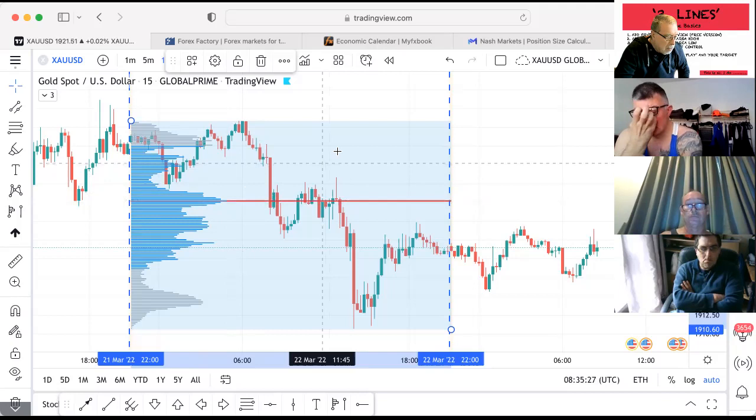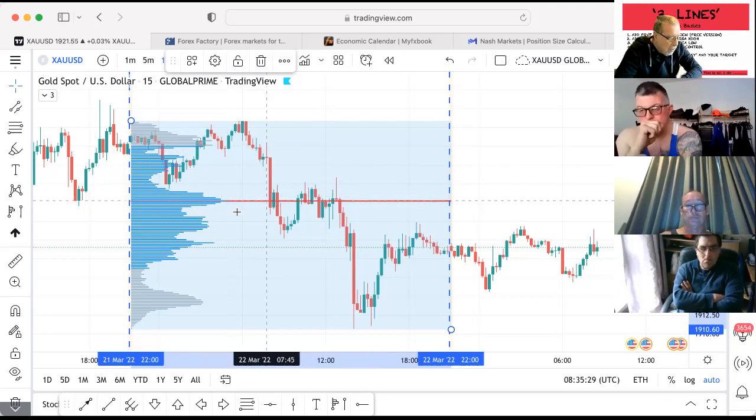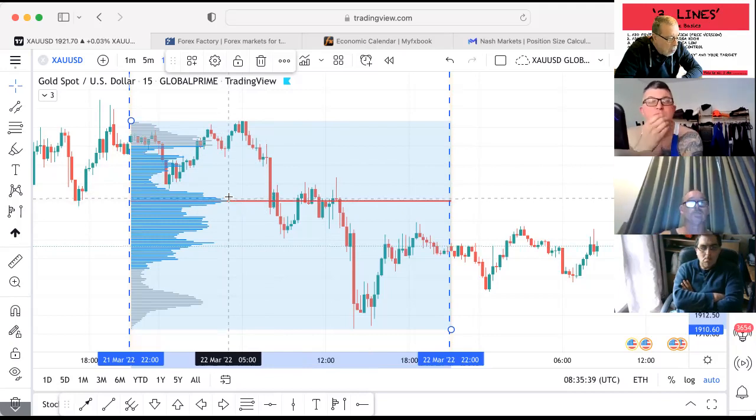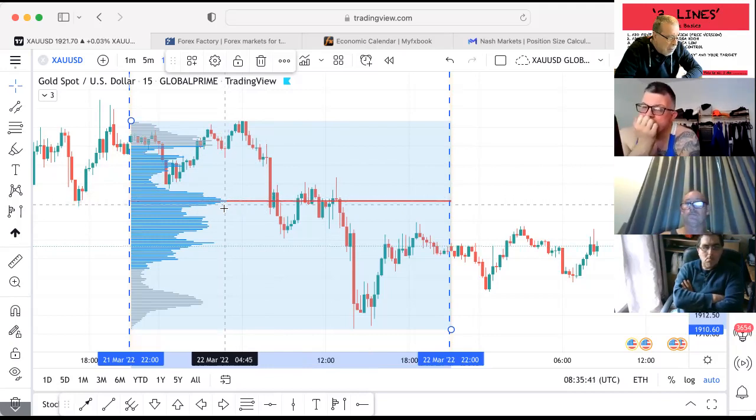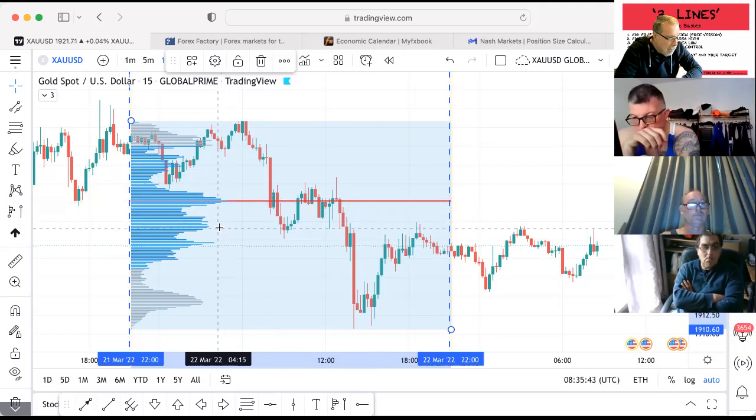Just to point something out before I go any further, although this was the highest extreme of all the trades placed yesterday, we've also got some other significant areas. If I move my cursor down to this area, you see that there was a lot of activity around those price levels.